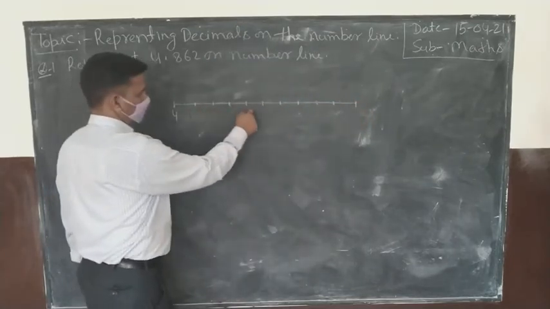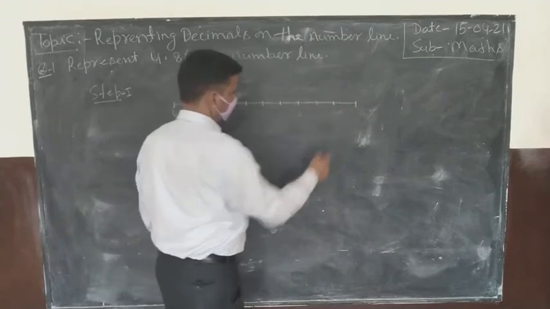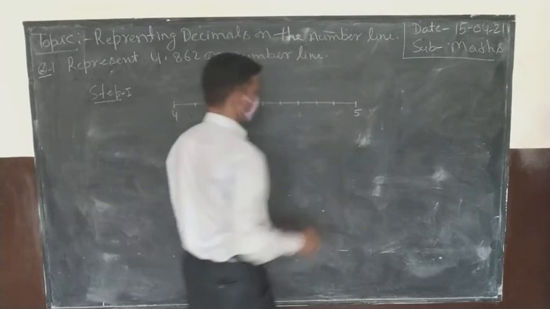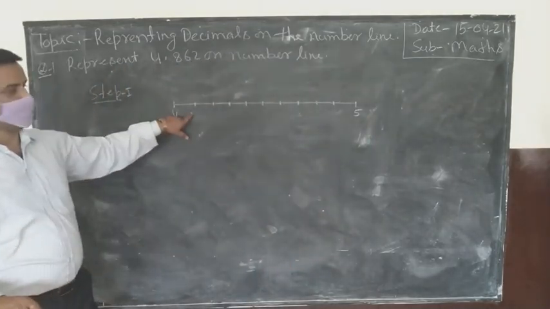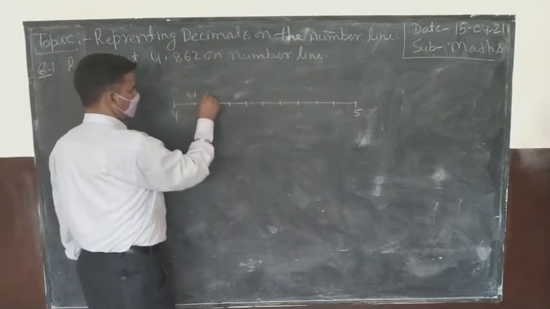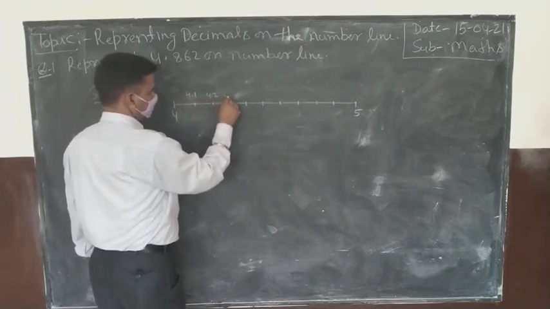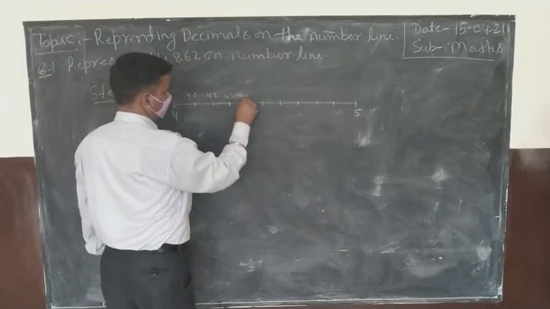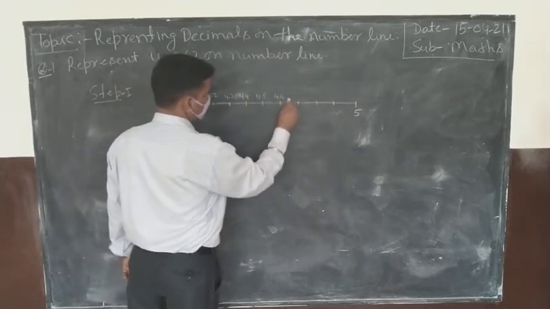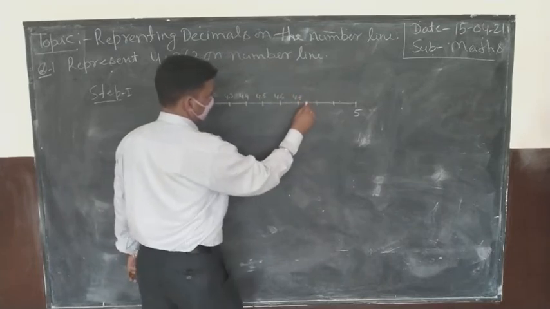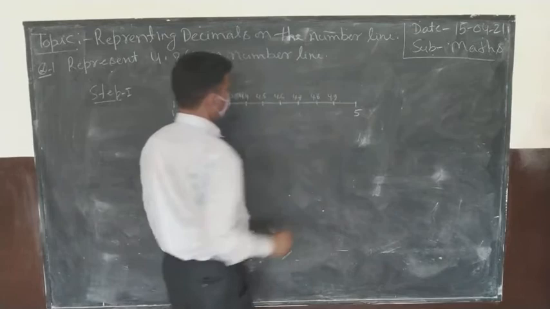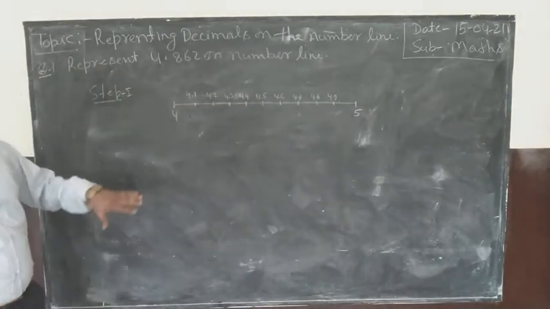The 10 is complete. The end is 5. This one is 4.1, this one is 4.2, 4.3, 4.4, 4.5, 4.6, 4.7, 4.8 and 4.9. The first step is complete.